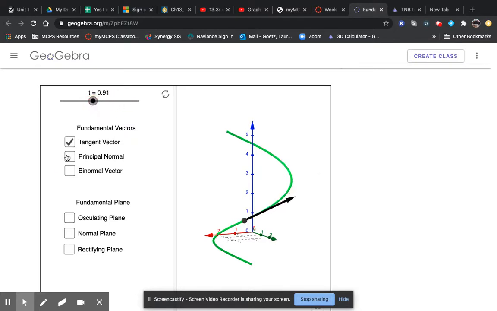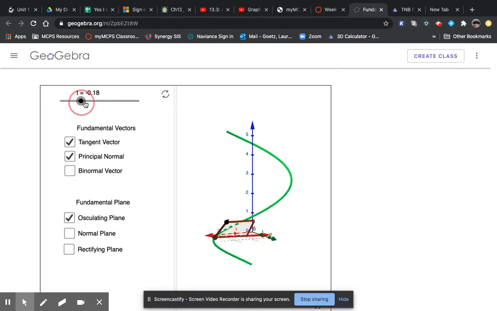Well, at that same time, what is the normal vector doing? The normal vectors tell me what my tangent lines are doing. Where are they pointing? Where are they going? Do you see that there? And then the osculating plane is, again, the plane that contains these two vectors, kind of the plane of acceleration almost.